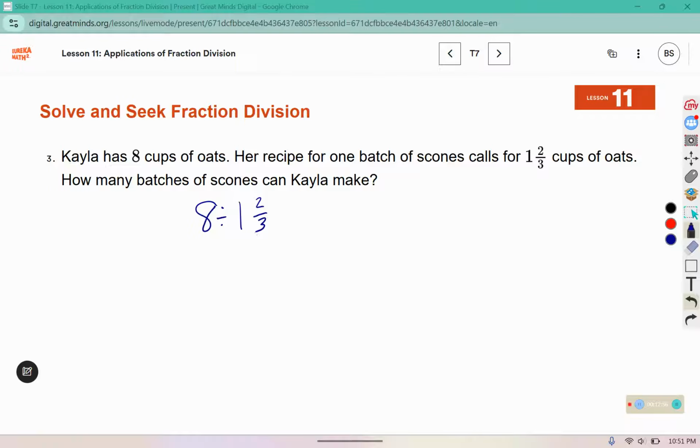We're going to change them to an improper fraction first. Then we are going to leave, change. 1 times 3 is 3, plus 2 more makes 5.